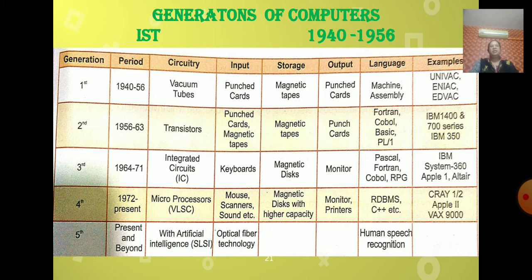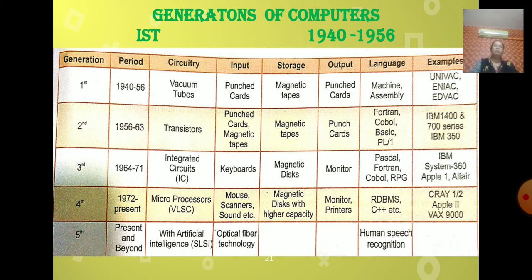Now let us see the first generation. 1940 to 1956 is known as the first generation of computers. The main electronic circuitry was vacuum tubes. What was the input device? That is punch card. What was the storage device? Magnetic tapes. And the output is also punched card.